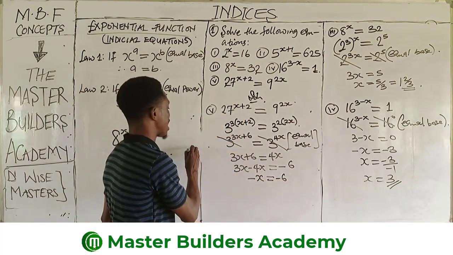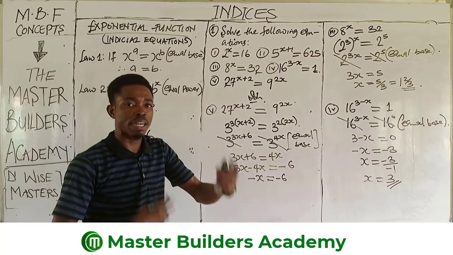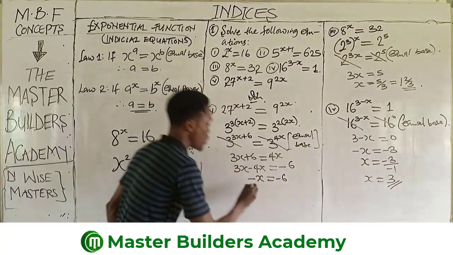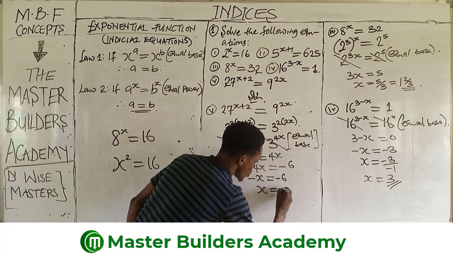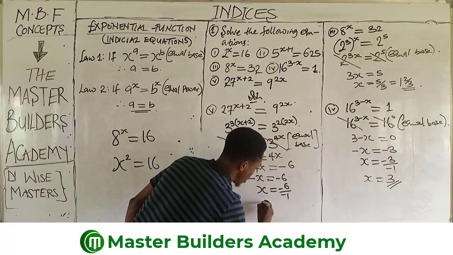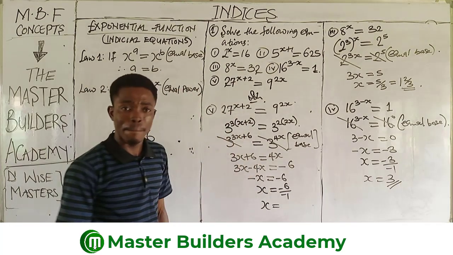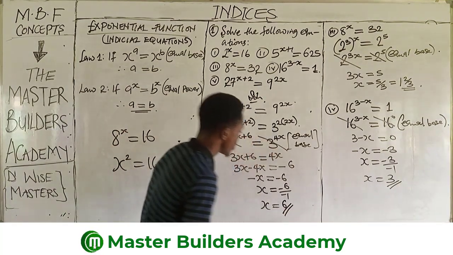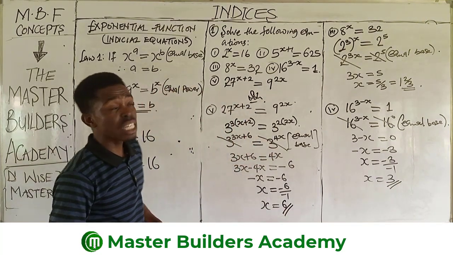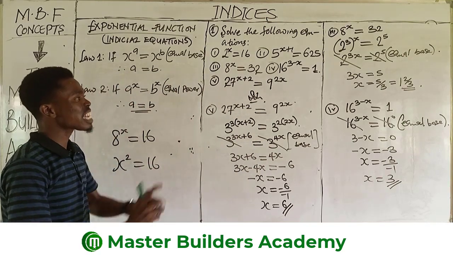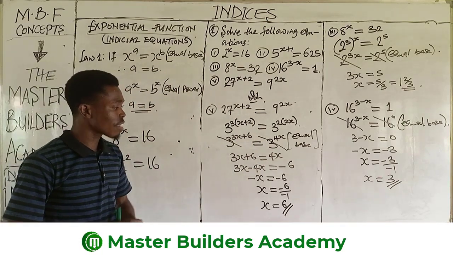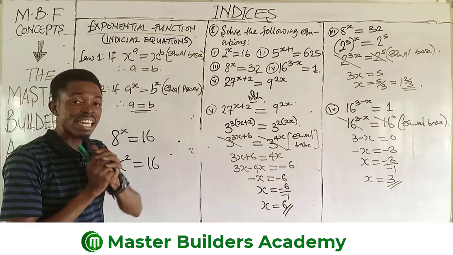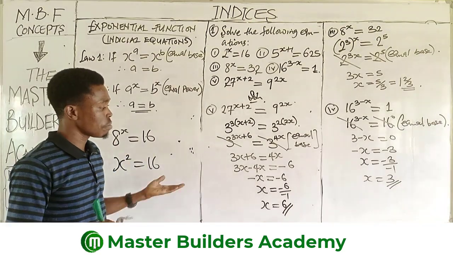We are not going to leave our answer as minus 1x, so we quickly divide both sides by minus 1. And therefore, x is equal to minus 6 over minus 1. Minus divided by minus is plus, and 6 divided by 1 is 6. This is the answer to this very question. It's as simple as this, guys. So simple.